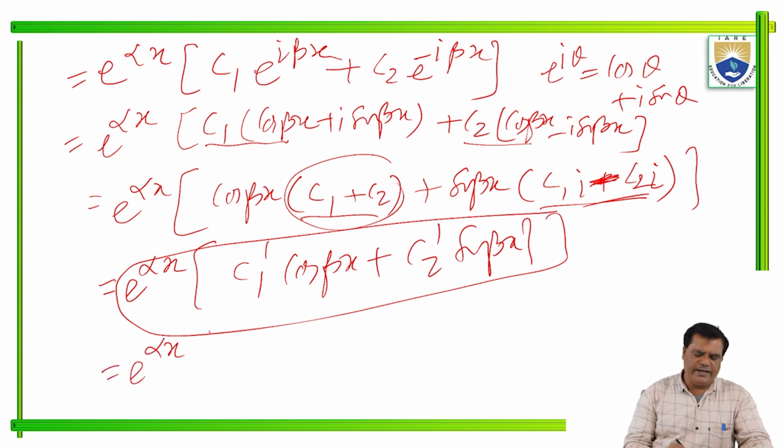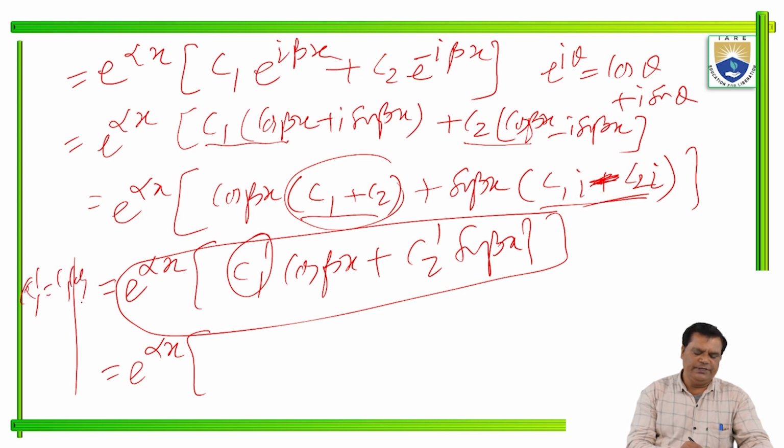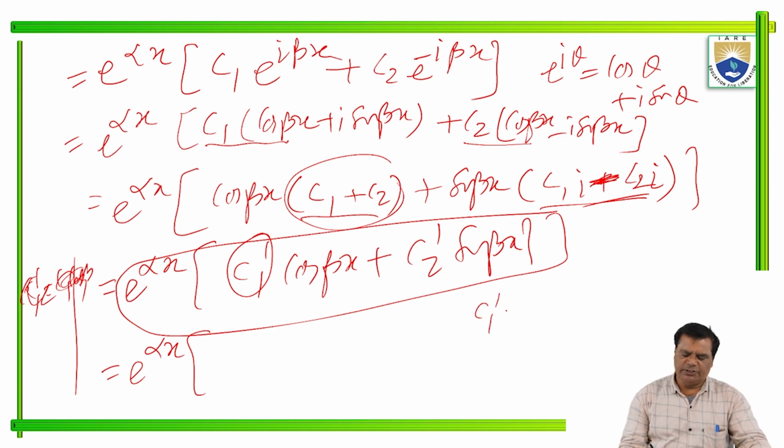e to the power alpha x. I am considering C1 dash. Here I am writing C1 dash equal to C1 cos C2, and C2 dash equal to minus C1 sin C2.